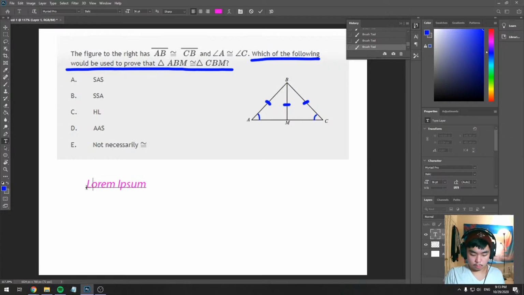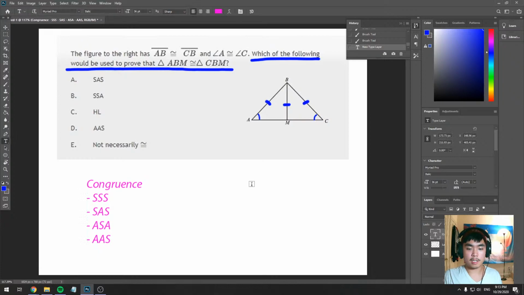So real quick, right? When we talk about congruence, we have 4 different proofs: SSS, SAS, ASA, and AAS. When we do similarity, we have SSS, SAS, and AA.